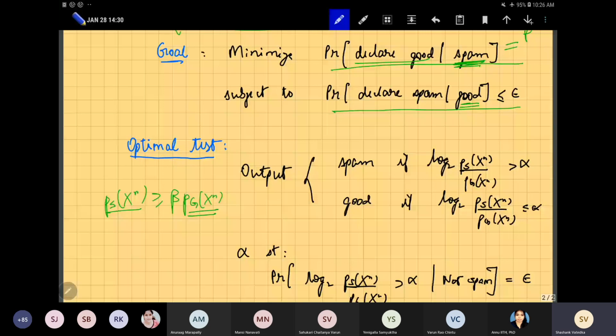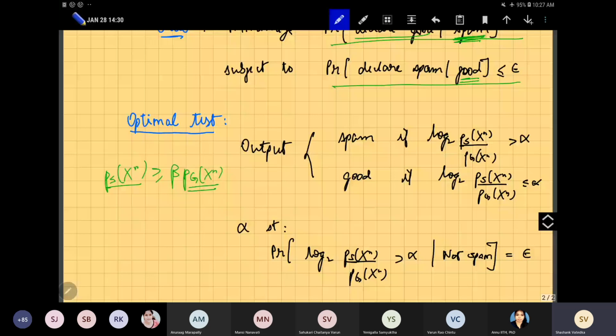If not, then you declare it as a good email, right? So that's the most natural test that one could come up with. And the only thing is, how do you choose this constant beta over here?